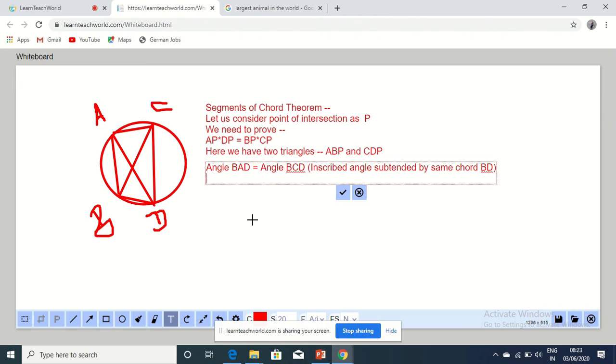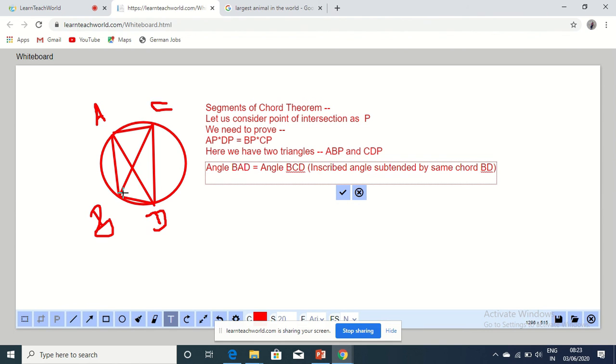Okay, so these two angles will be equal because this is a theorem which in my previous class I have shown how to prove, that if you have one chord which is subtending two angles inside the interior of the circle, then in that case both the angles should be the same.